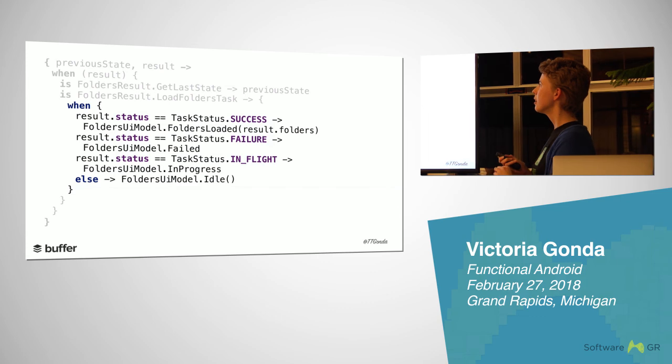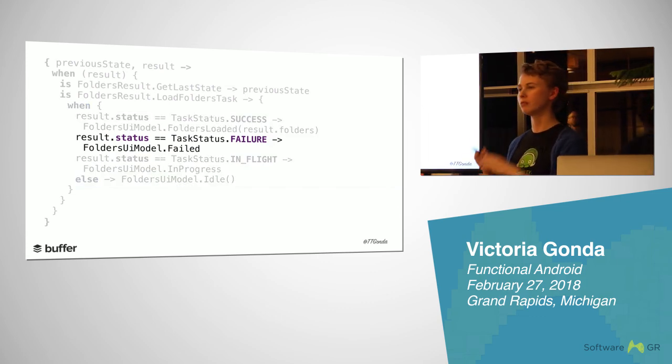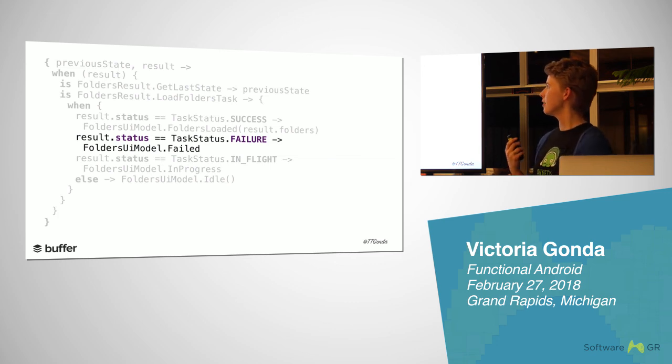And then notice that if the task status is a failure, we're going to do a failed UI model, so show an error message. We can see how simple that is, to just treat the error like a piece of data along with everything else next to it.